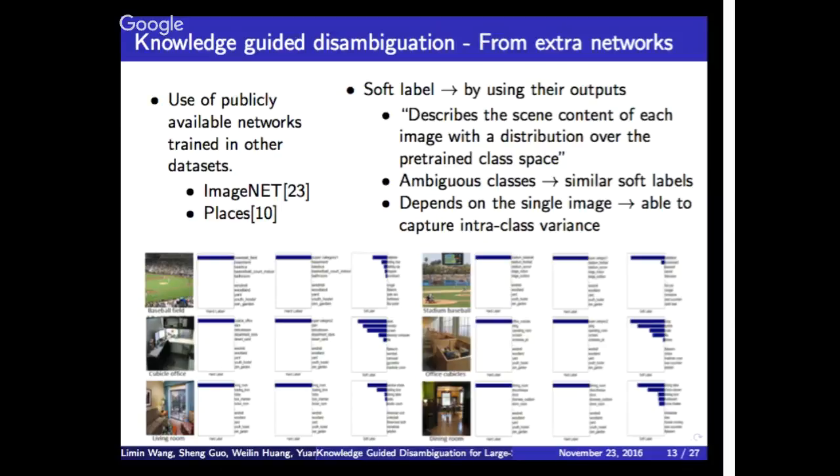From ImageNet they will get, I don't know, the classes blackboard, computer, table, and chair, for instance. And with that, they get the soft label. They can capture the intra-class variability well with that because it only depends on the single image. The soft labels for similar classes will be similar, but different for different images in the same class.